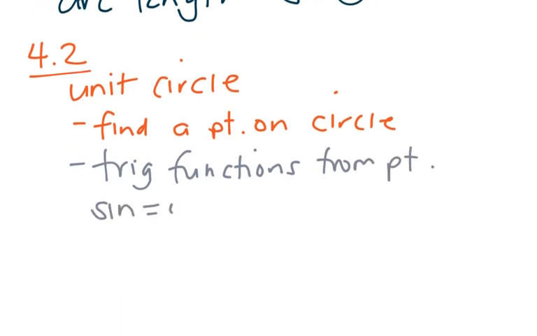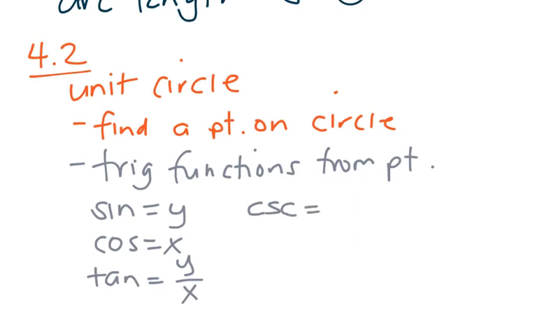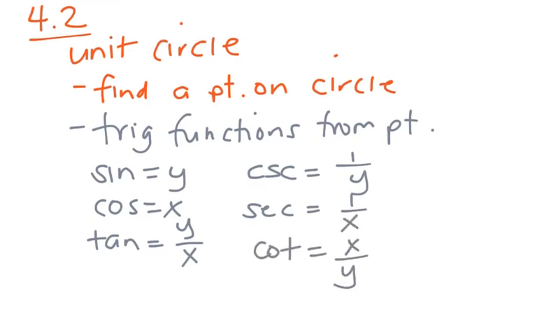So sine is the y, cosine is the x, tangent is the y over the x, cosecant is the reciprocal of sine, secant is the reciprocal of cosine, and cotangent is the reciprocal of tangent.